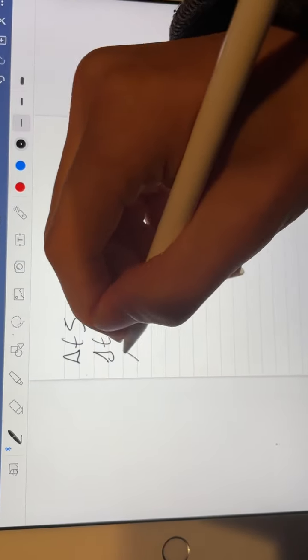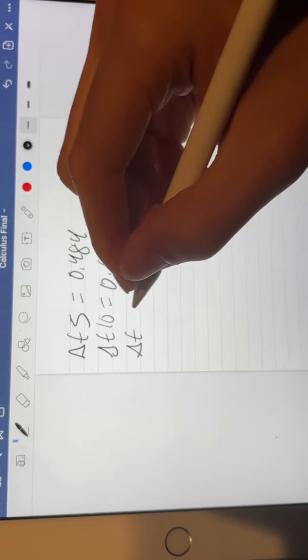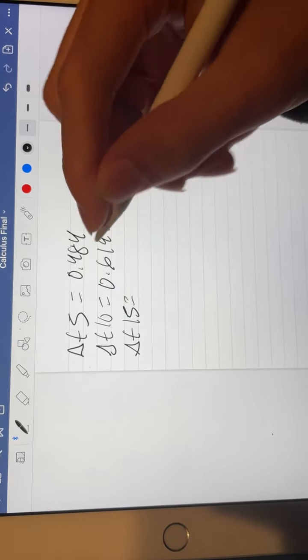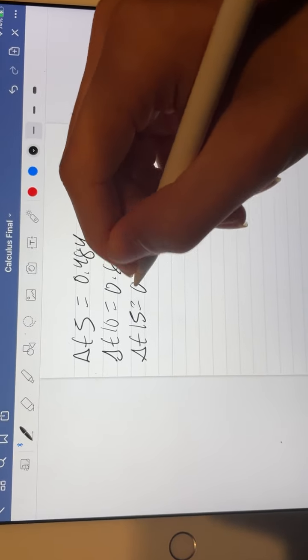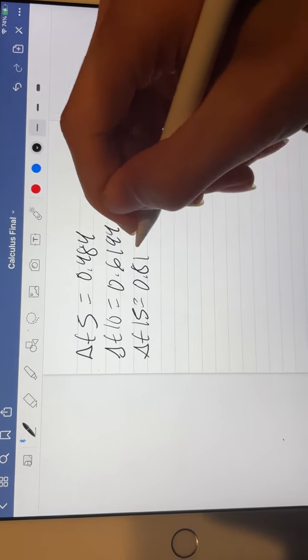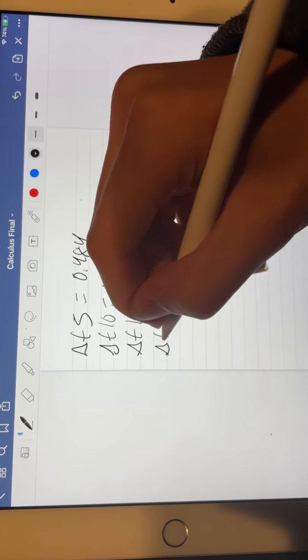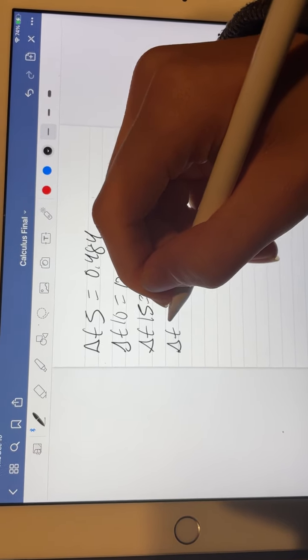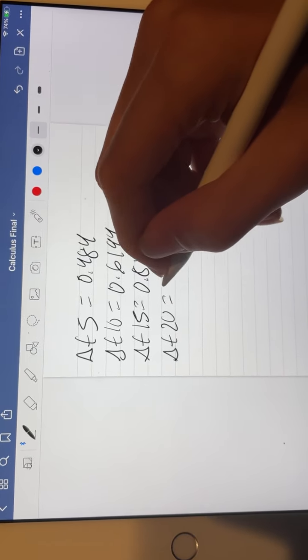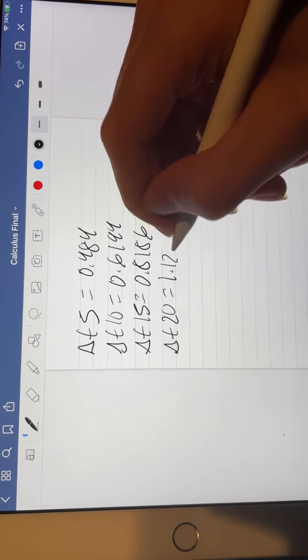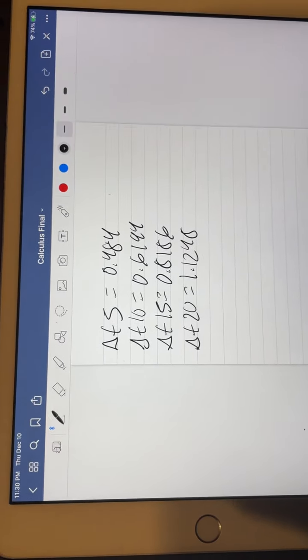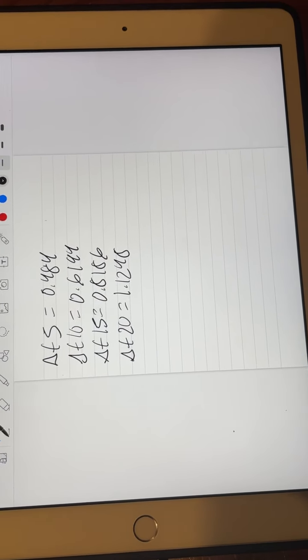And this will keep going on. It's all based on the graph equations. Okay, and then our 20 would be 1.1248, and that should be it for the 21.